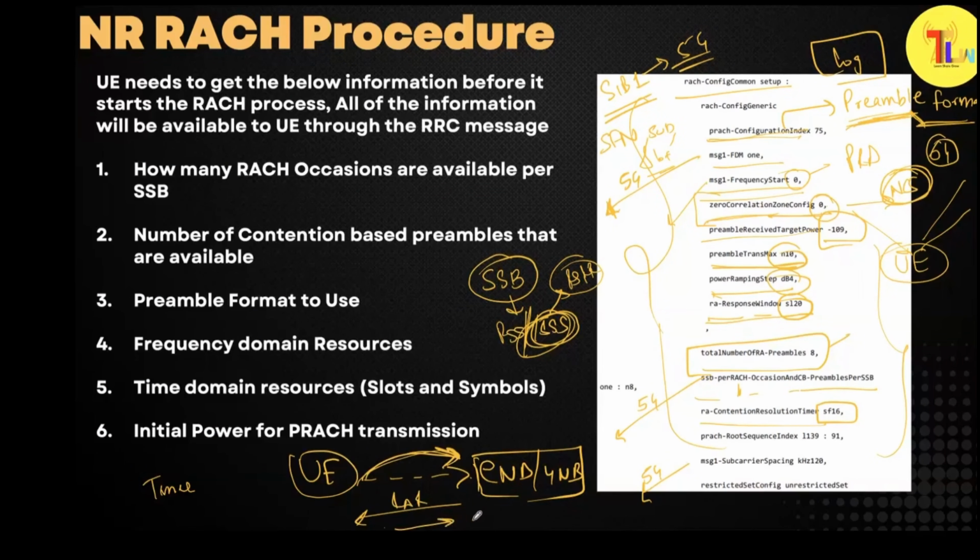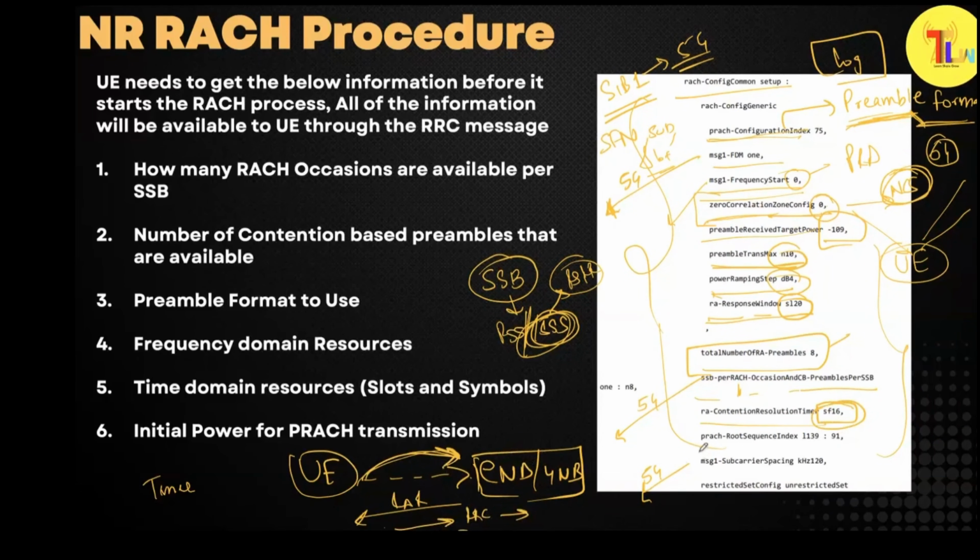It will send message 3, the RRC connection request, which will include the establishment cause, and it will get a contention resolution message 4. If this does not happen in this period of time, it will start sending again with increased power. So this is the timeline given for that.